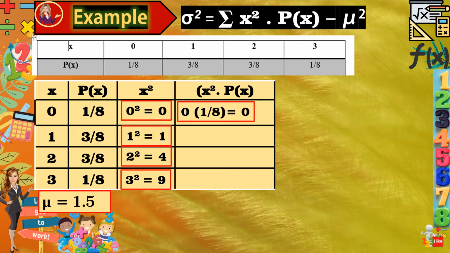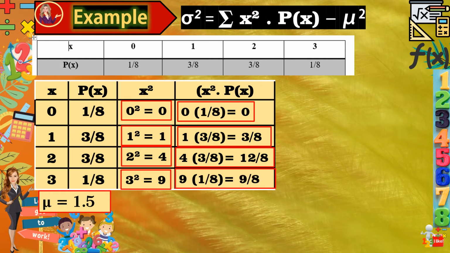So 0 multiplied by 1 over 8 will give you 0. Next, 1 multiplied by 3 over 8 will give you 3 over 8. Next, 4 multiplied by 3 over 8 is equal to 12 over 8. Next, the last, 9 multiplied by 1 over 8 will give you 9 over 8.